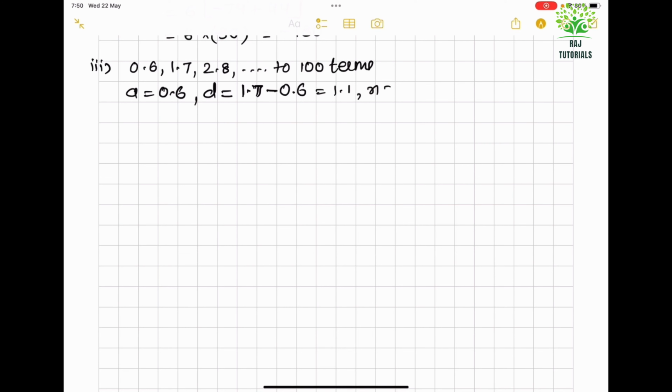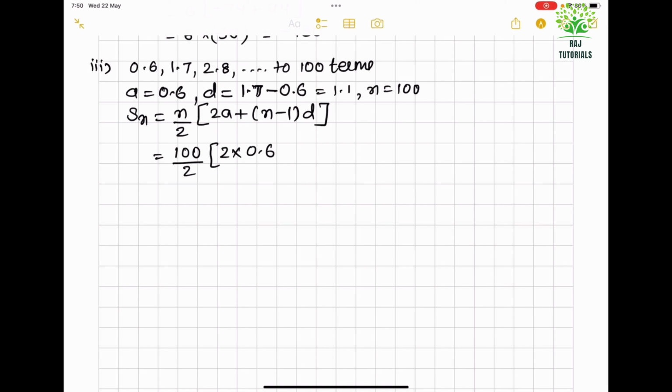N is 100. So Sn equal to n by 2 into 2a plus n minus 1 d. So putting the values, 100 by 2 into 2 into 0.6 plus 100 minus 1 into 1.1.